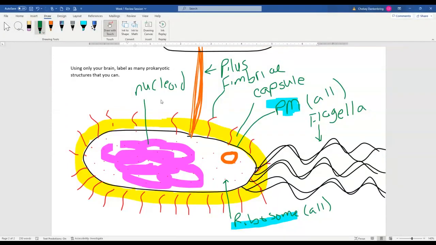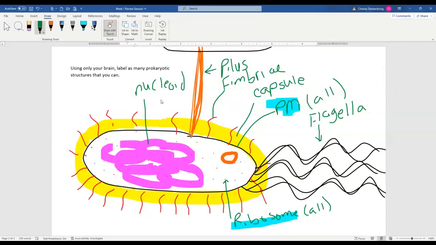But if instead I use the word chromosome, chromosomes are in all living things, prokaryotes and eukaryotes. Okay, so if you're alive, you have a chromosome. But in eukaryotes, that chromosome is protected within the nucleus. In a prokaryote, the chromosome is all just clumped together, hanging out in the region we call the nucleoid.